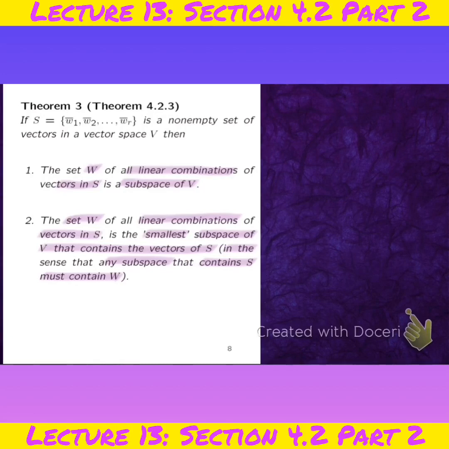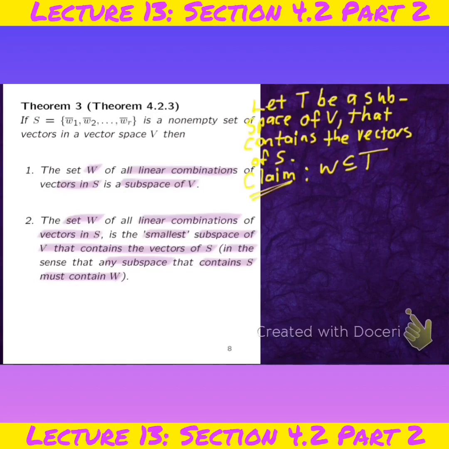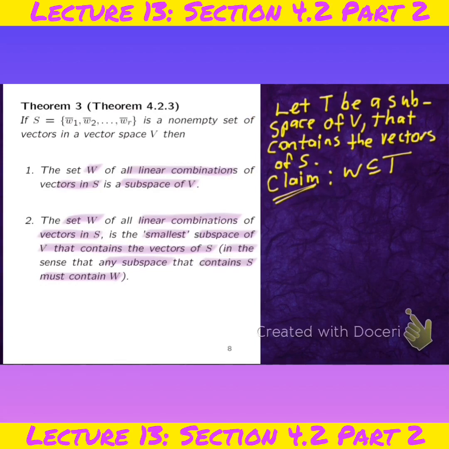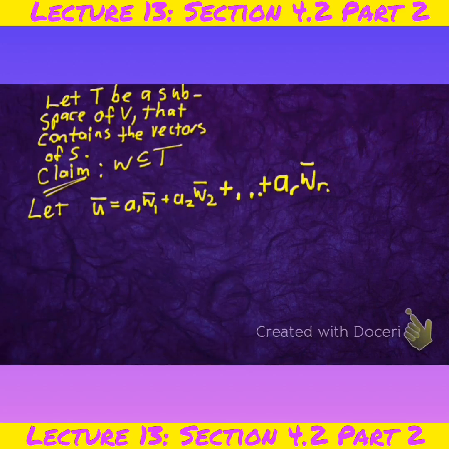Right, so what we're going to do is let T be a subspace of V that contains the vectors of S. Now we are claiming that W is contained in T. So let's take a vector U again in W. Remember, W is the set of linear combinations of vectors in S, so we can express U as that given sum.